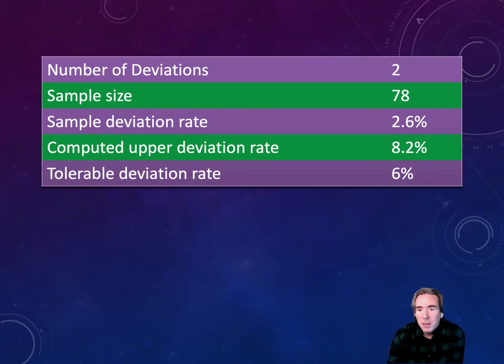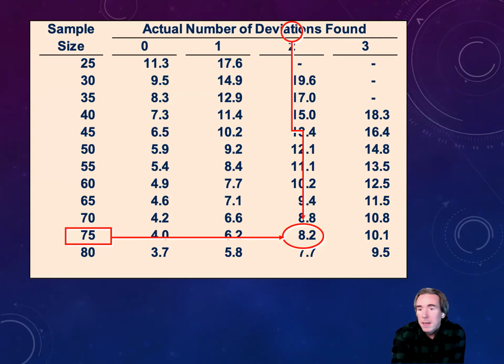We found 2 errors, and based on finding 2 errors, we're saying we're 95% confident that there's 8.2% deviation rate in the population. And so if we could only tolerate 6% errors, we're going to conclude that there's a problem because we're above our tolerable rate. Now, so what would be my options at this stage?